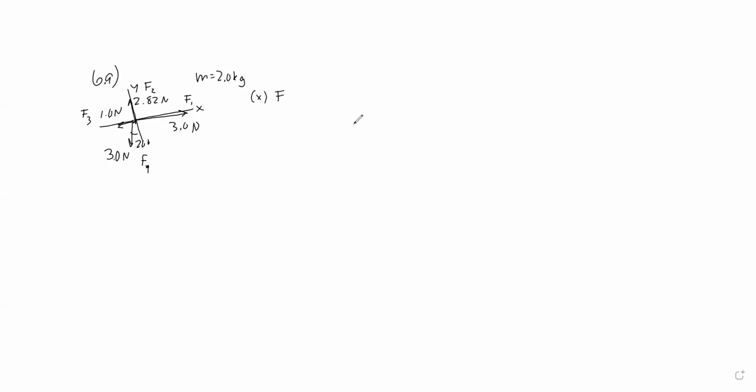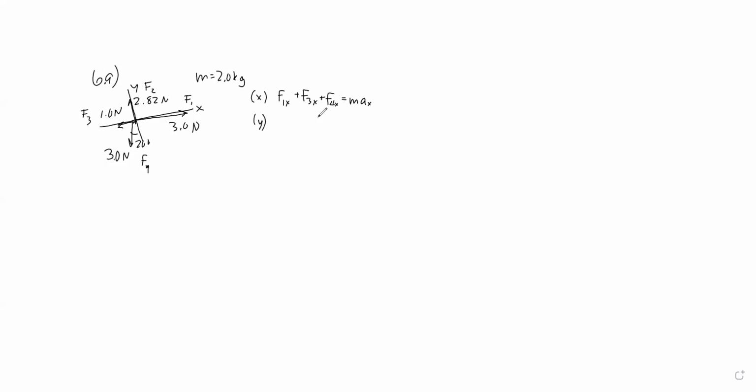So it'll be F1x, F2x is 0, so this will be plus F3x plus F4x. Now this is going to equal m times ax. Ax might be 0, it might not, we don't know. And then same thing in the y direction.